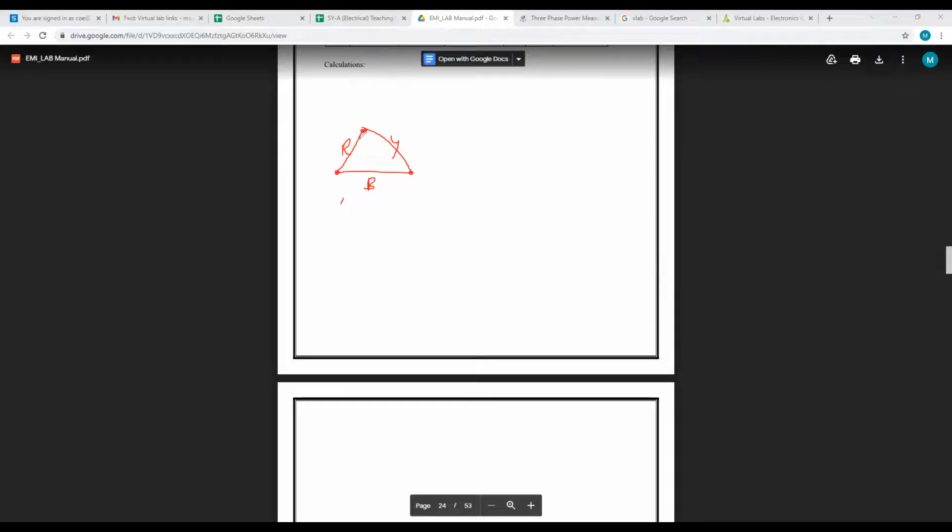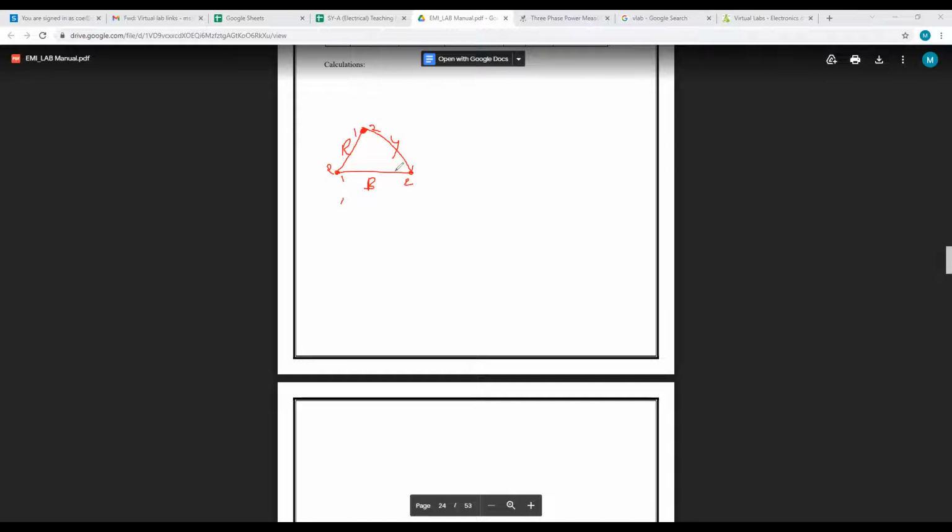Okay. So for R, I will consider this one as terminal 1 and this one as 2. B has 1, 2. Y has 1 and 2, like this. R's first terminal and Y's second terminal will make one junction. Yes, it will make one junction, or not?